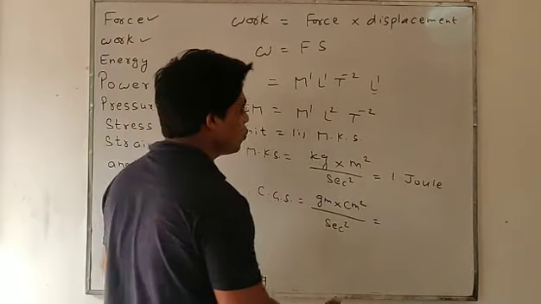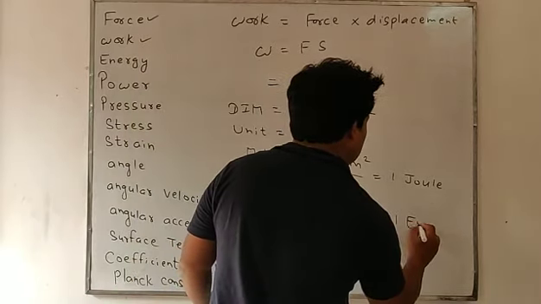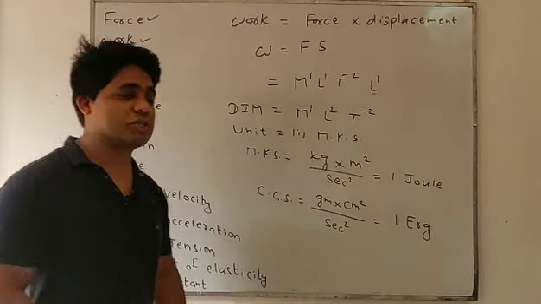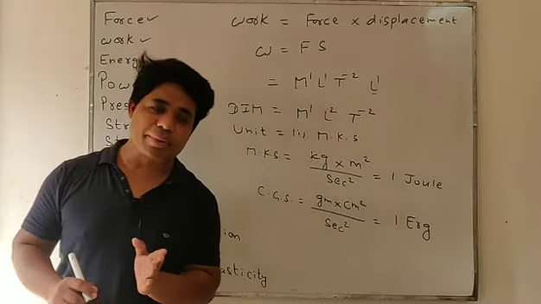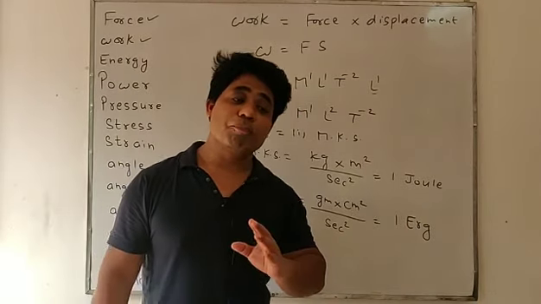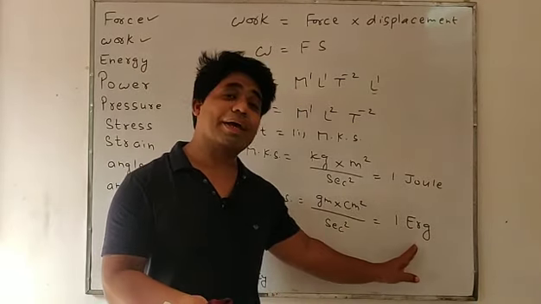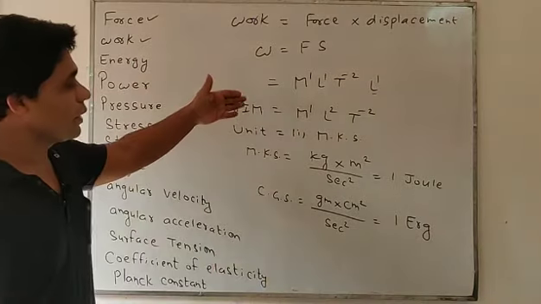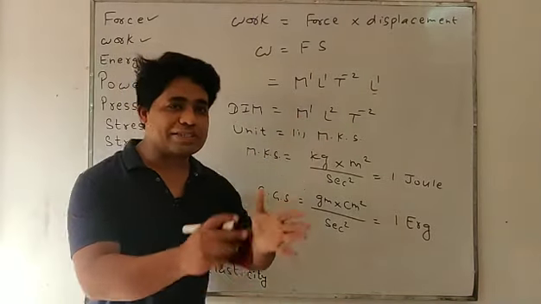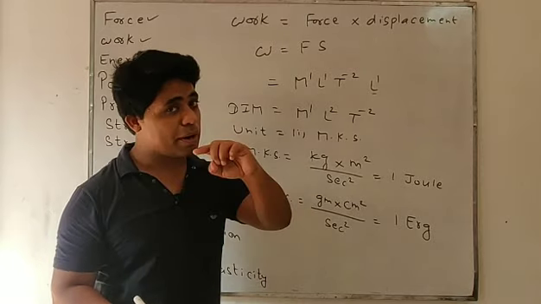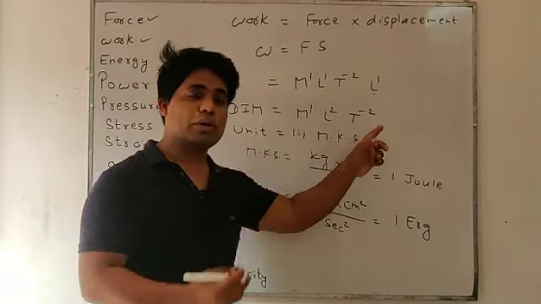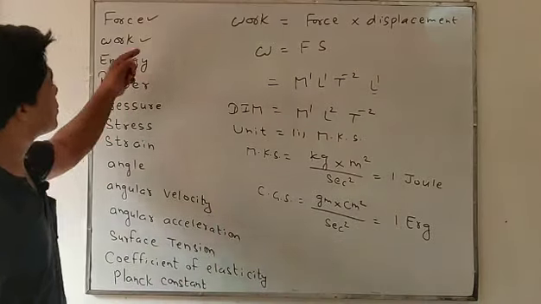CGS, and that equals 1 erg. Erg is the name of a scientist. So joule is the unit of work in the MKS system, while erg is the unit of work in the CGS system. So you can write this and learn it also, as with force. What was the dimension of force? M1 L1 T minus 2, and here M1 L2 T minus 2. Okay, so this second is done.